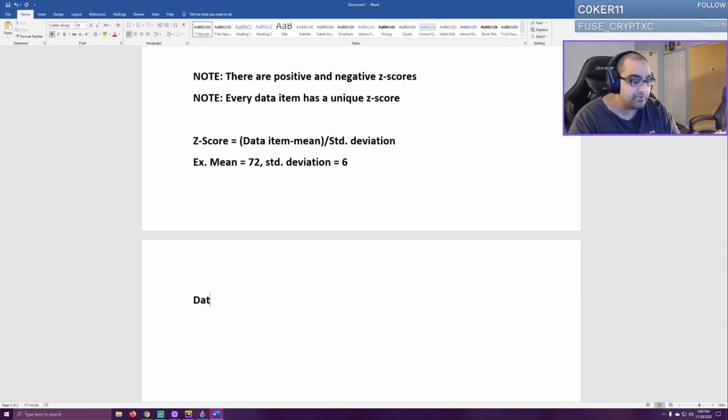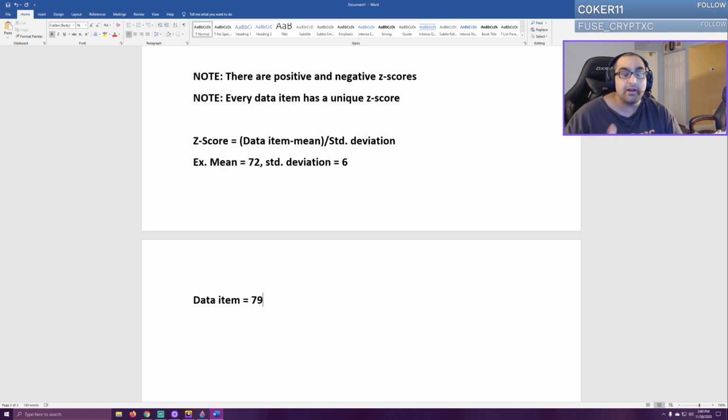Let's start off with the first data item, let's say 79. I want to find the z-score associated with the data item of 79.